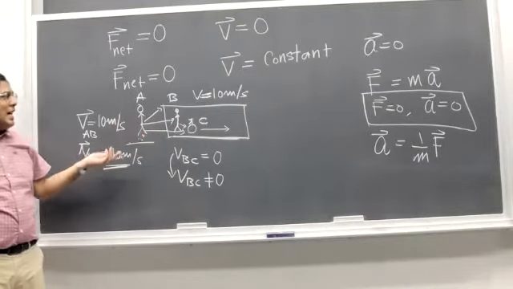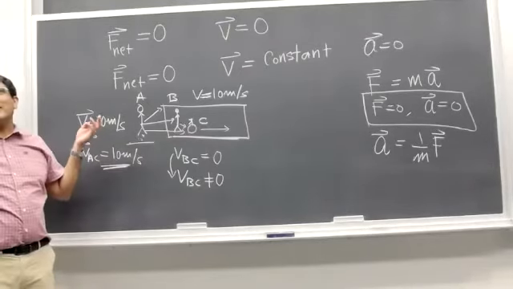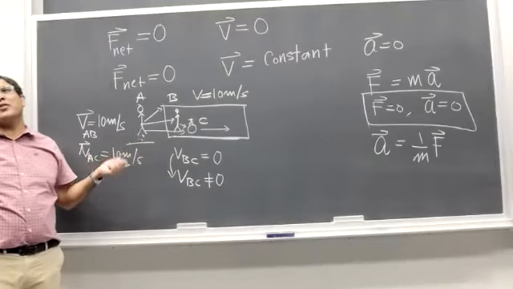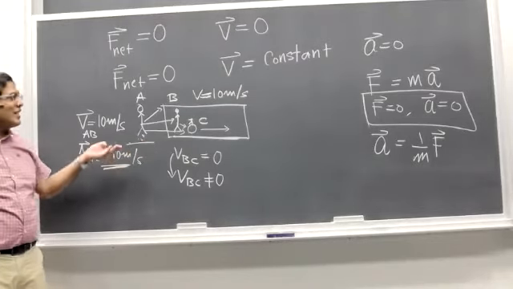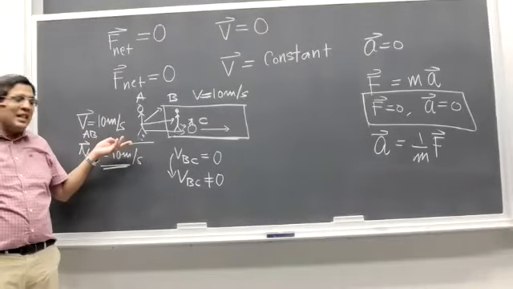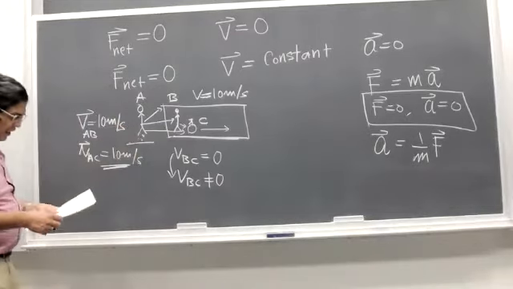Okay. And Newton's first law says that it's possible to have inertial frames of reference. And what is an inertial frame of reference? I'll explain in a minute. What is an inertial frame of reference? Let me say this in a different way.